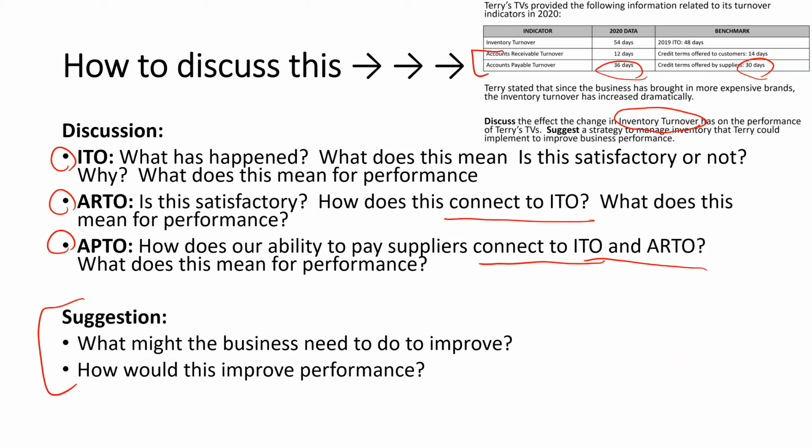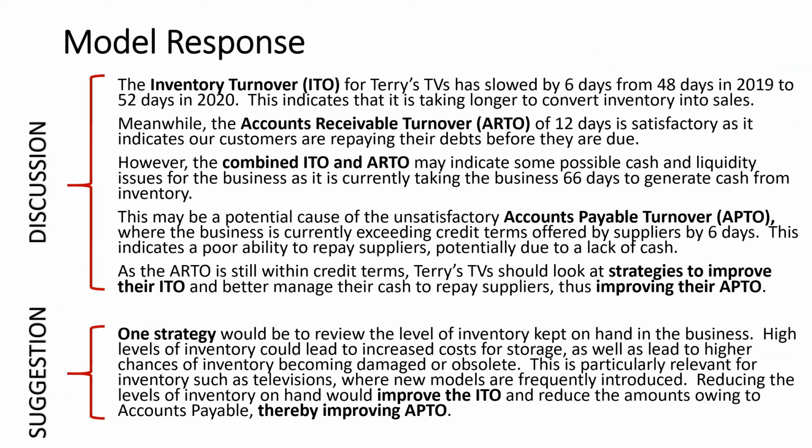So looking at a model, you can see that we've gone through and followed those kinds of sub-questions to break this down. Some key elements in here. I've started off my response really similar to the one I did in the previous video by explaining what's happened in the inventory turnover. It's slowed down by 6 days, from 48 days to 52 days.